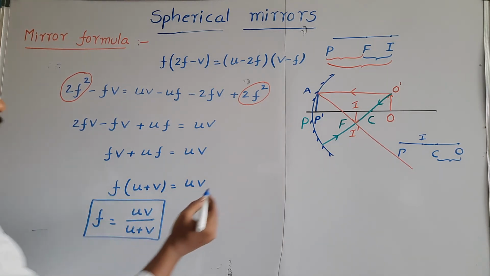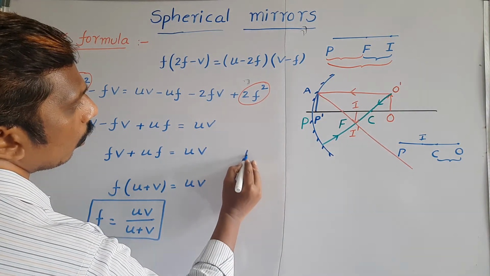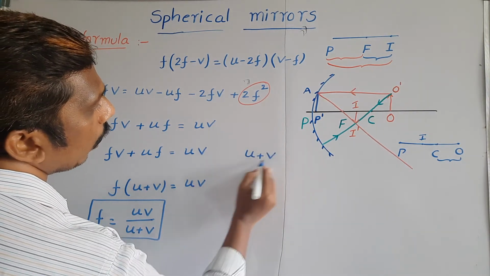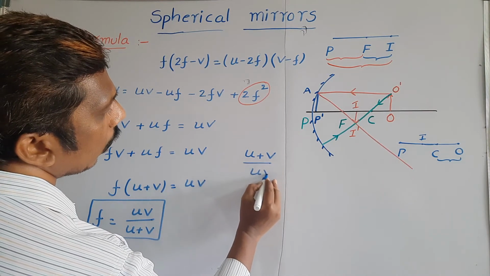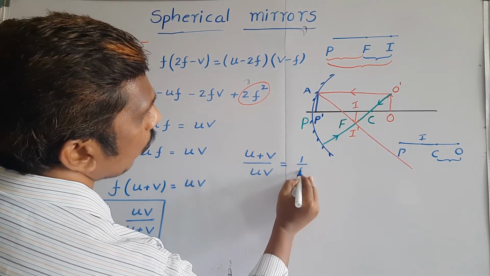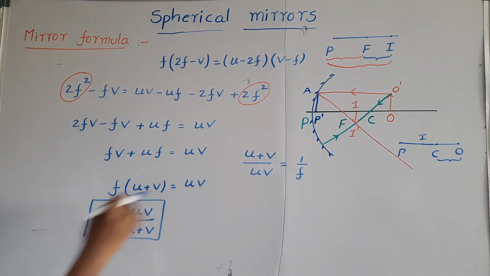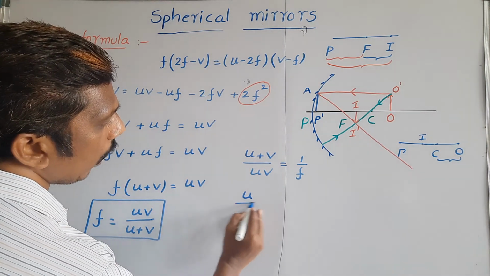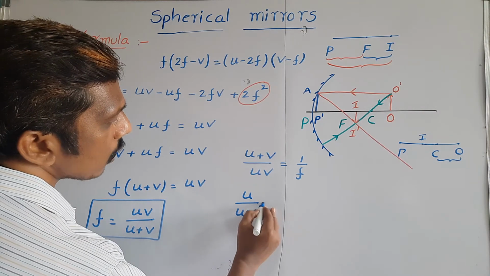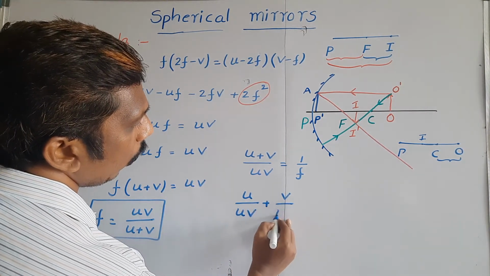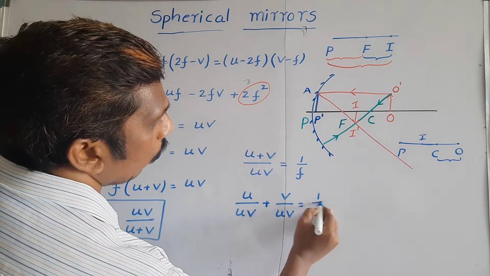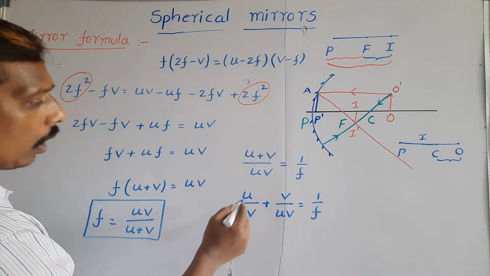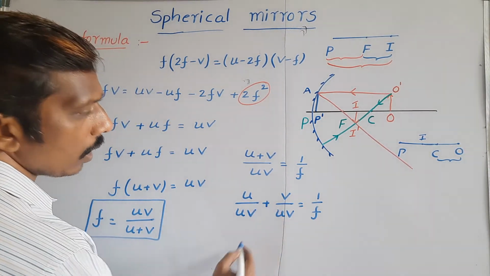Or if we cross multiply, then we get U plus V by UV, which is equal to 1 by F. Write it as a fraction, then we get U by UV plus V by UV, which is equal to 1 by F. Here U gets cancelled, here V gets cancelled.